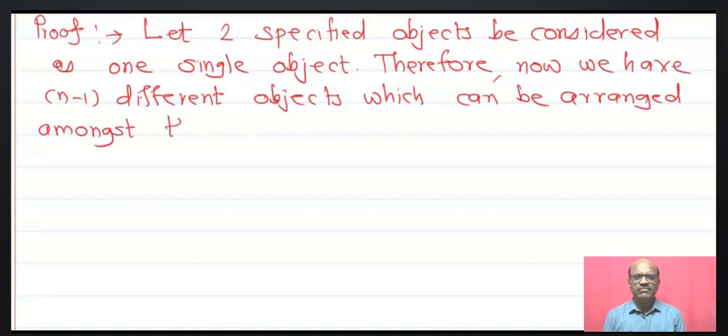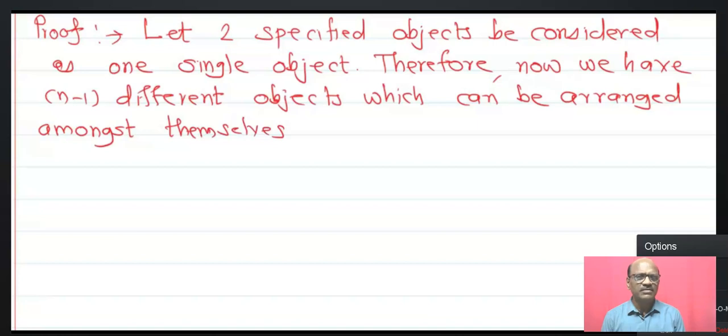Suppose we have 5 objects and we take 2 of them. The remaining will be 3, and the 2 objects taken as a single one make the total 3 plus 1, which is 4.